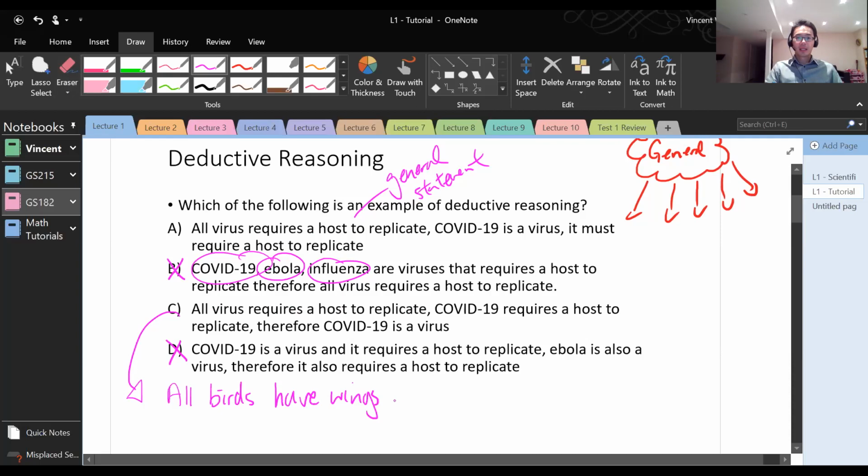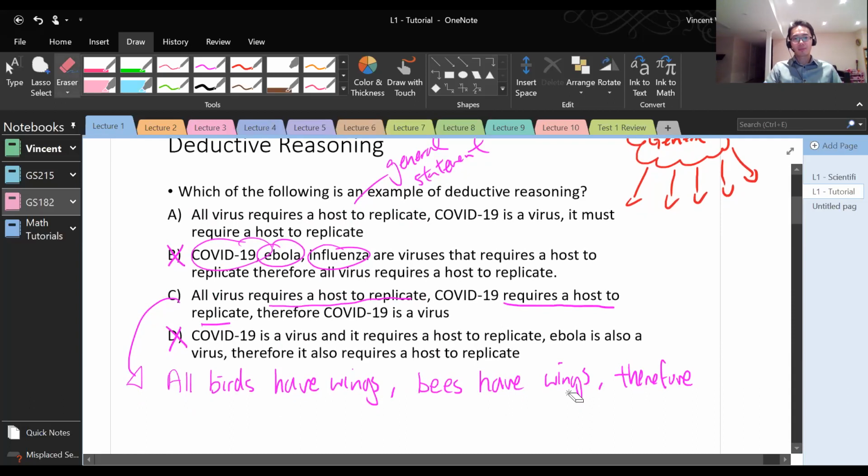And instead of COVID-19, I'm gonna say bees. So going in the same format, I'm gonna say bees have wings. So therefore, what am I gonna write next in this format? What's my conclusion?